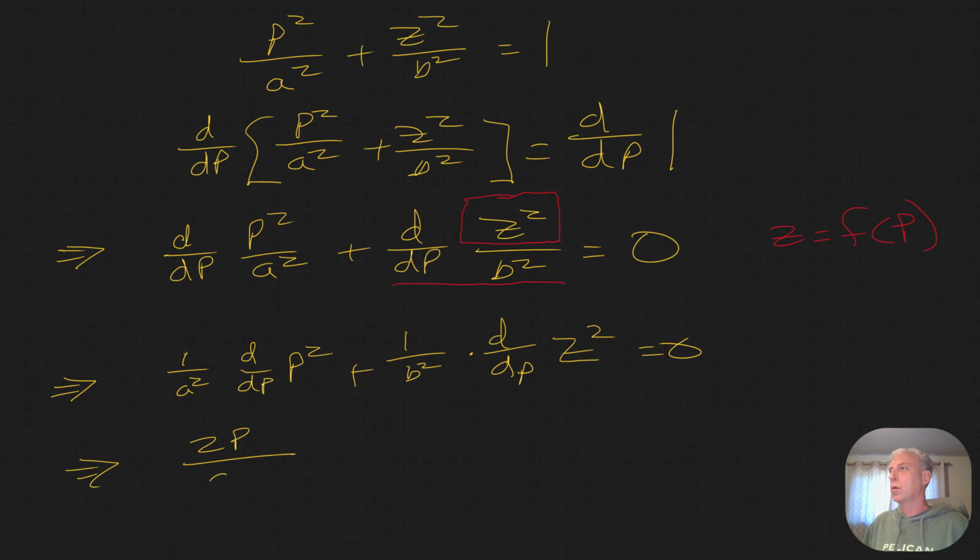And then we just do this first derivative, and we have 2p over a squared plus 1 over b squared. And this is where we have to be careful and use the chain rule, right? The chain rule is the derivative of the outer times the derivative of the inner.